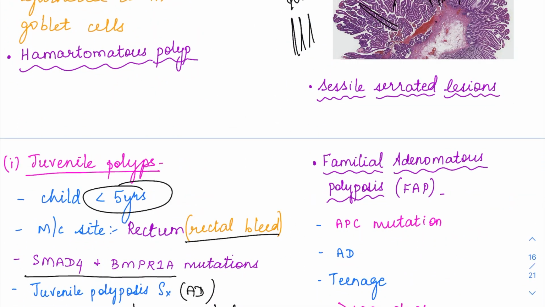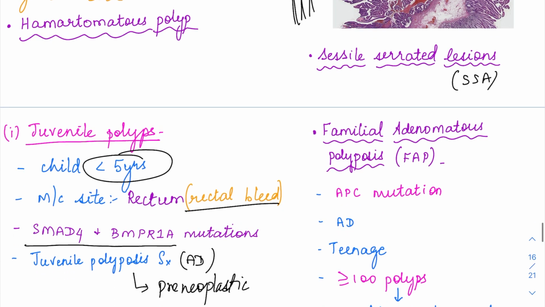So, the next type of neoplastic polyp is the sessile serrated lesions. Initially, it was called sessile serrated adenoma, and now it is called sessile serrated lesions. Okay. So, do you remember in non-neoplastic polyp, I mentioned hyperplastic polyp, which also had a serrated architecture. So, that is why it is important to distinguish it from sessile serrated lesion, which is a pre-neoplastic polyp.